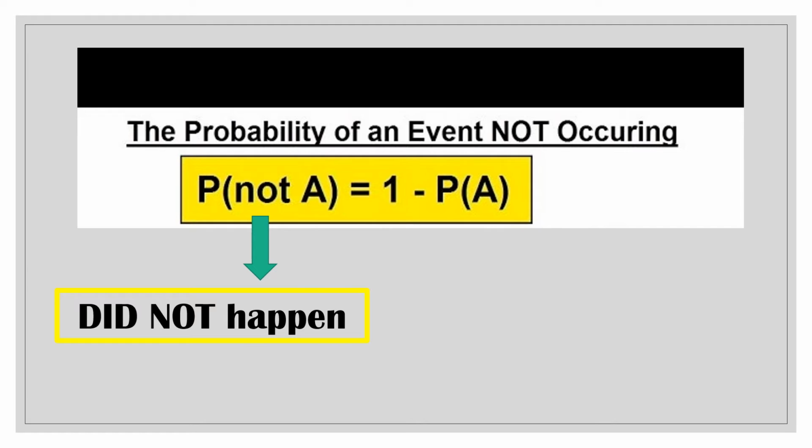If we talk about the probability of A, this event did happen. So we are finding the two probabilities or the two outcomes.